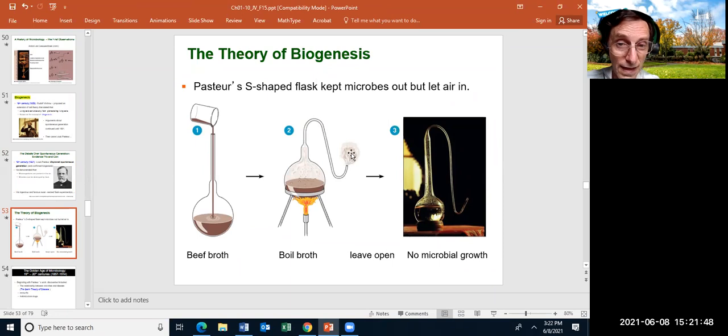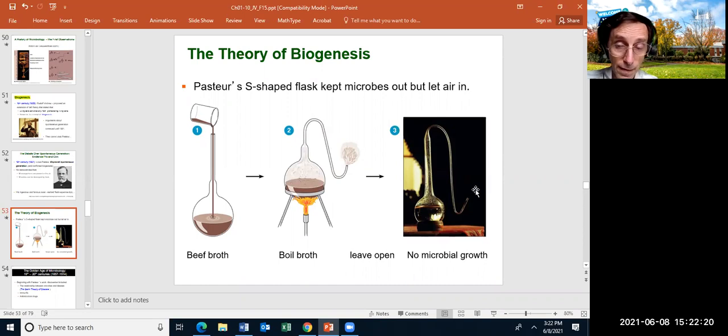So he then sterilized the flask by heating it, killing the microbes which are in the flask and in the glass. And then he left it open to the outside so the vital forces could come in, but they didn't. The media stayed non-turbid, there's no growth there.